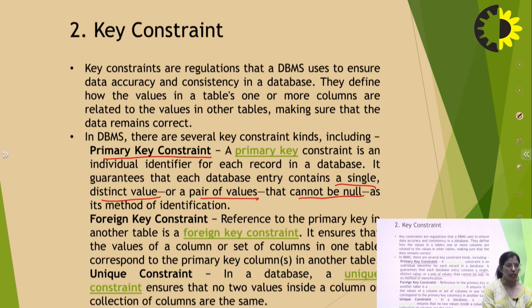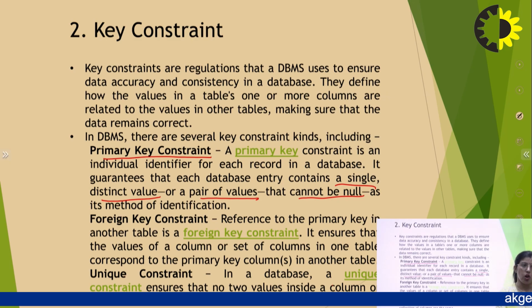Next is foreign key constraint. Reference to the primary key in another table is a foreign key constraint. It ensures that the value of a column or a set of columns in one table corresponds to primary key column in another table.